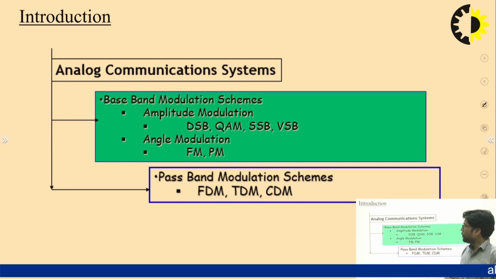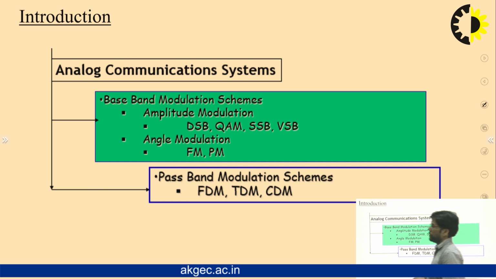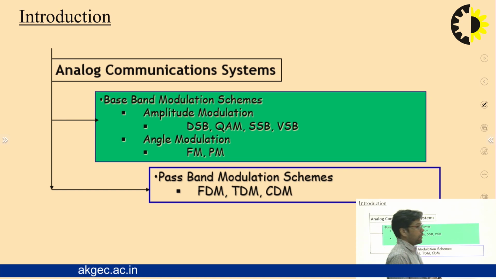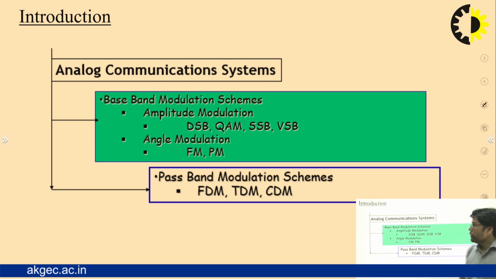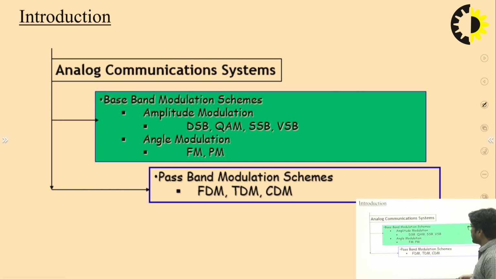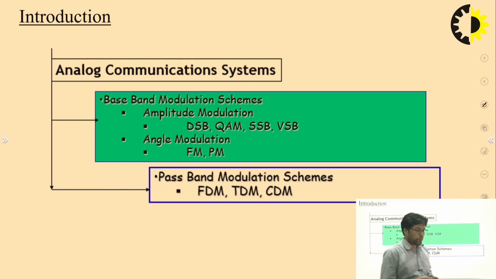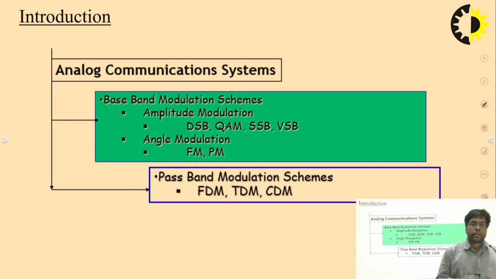In amplitude modulation we have different kinds of techniques: DSB-SC, that is double sideband suppressed carrier, QAM, that is quadrature amplitude modulation, single sideband, SSB, and vestigial sideband modulation, VSB-SC. In terms of efficiency, VSB-SC is a more efficient system than DSB-SC and SSB-SC.